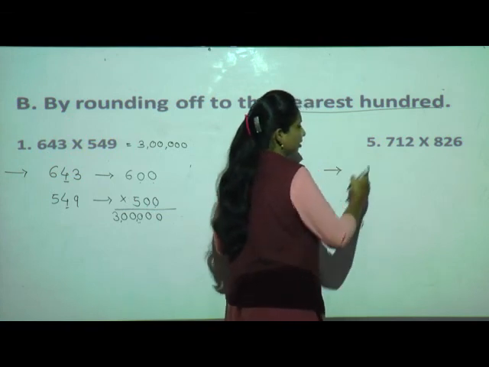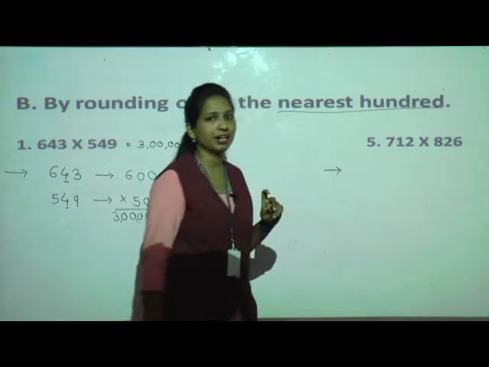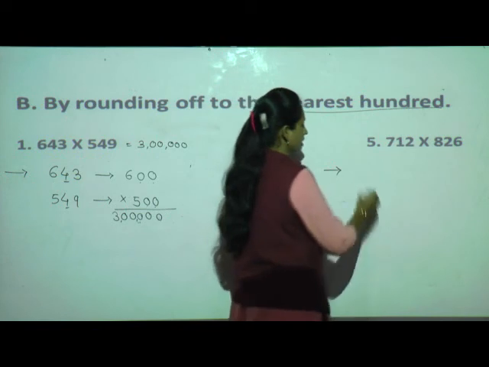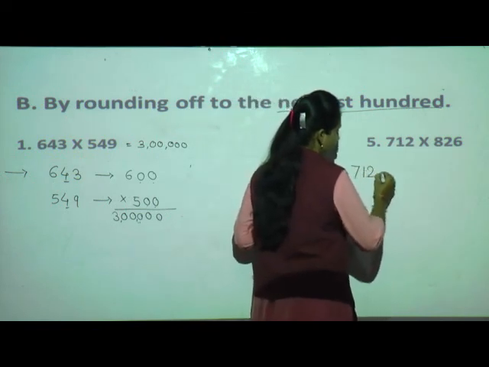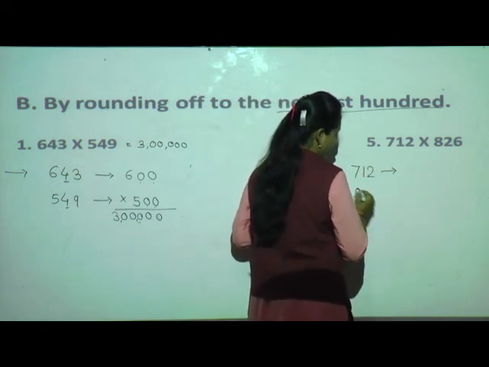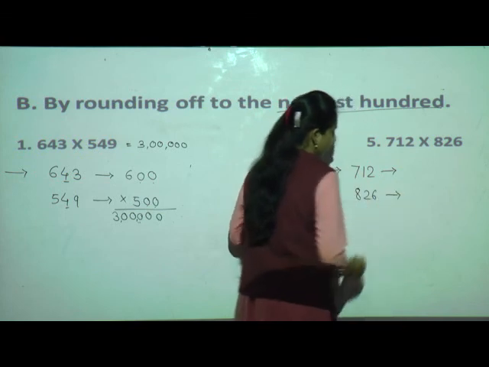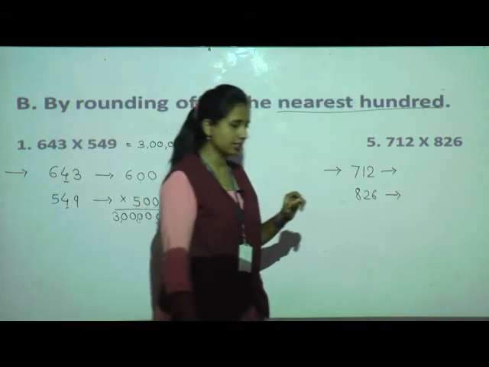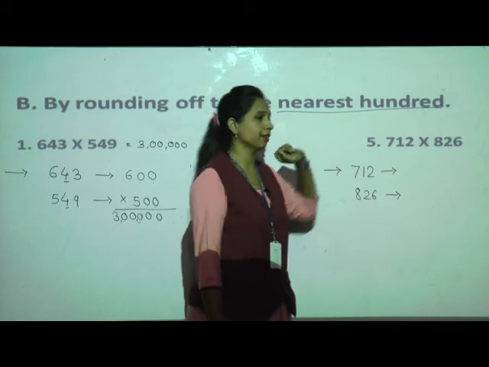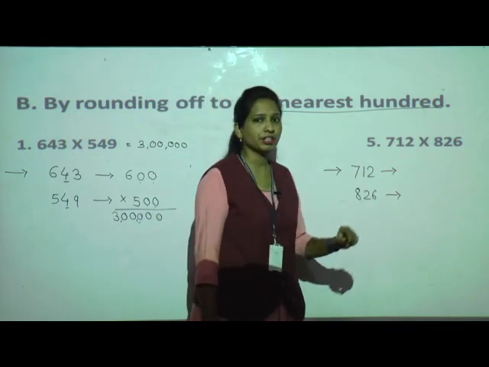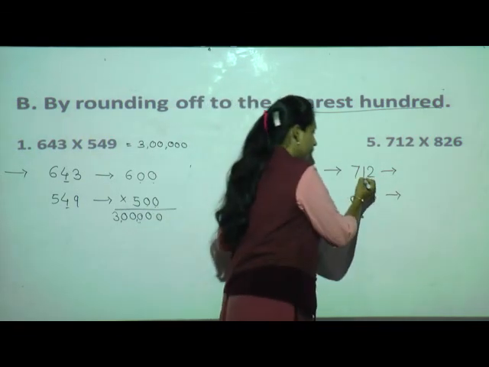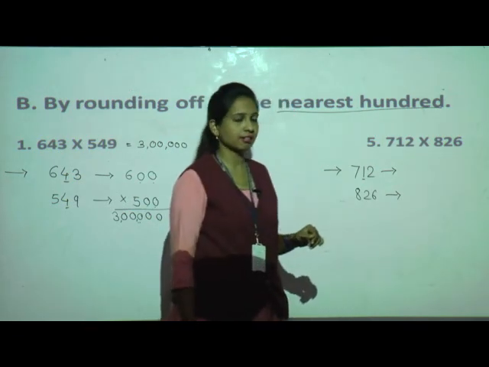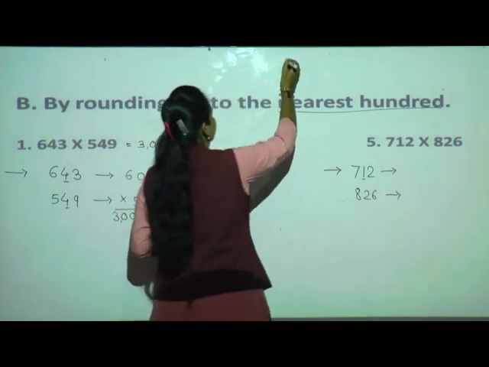So what is the number? 712 multiplied by 826. Now I will write here 712 and 826. Now we have to find the nearest 100. Whenever we are doing nearest 100, we will underline the tens place. Don't be confused.